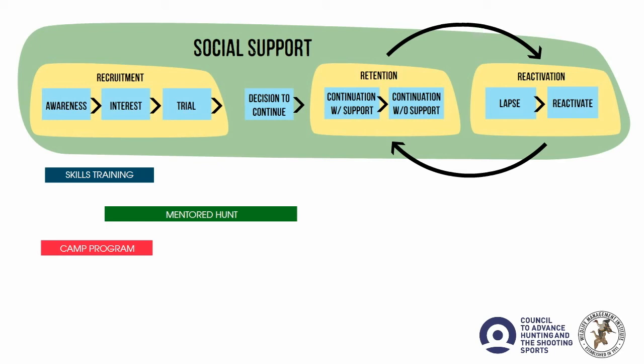That leads us to an interesting conclusion, and that is that the purpose, or maybe the R3 utility, of these expos or trade shows might be over on the retention side of the model, for those individuals in the continuation with support or the continuation without support stage. Research indicates that current hunters need this kind of support: inspiration, motivation, new skills, new ideas about new product, new places to go.